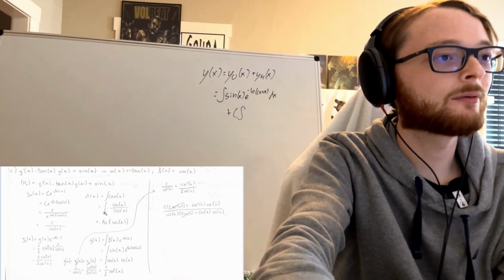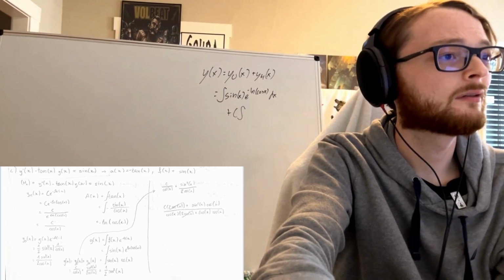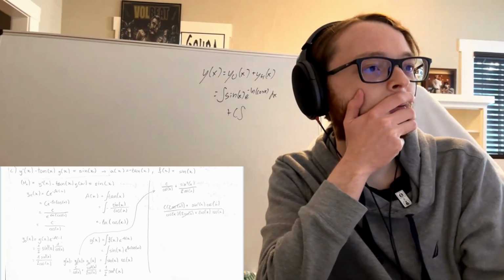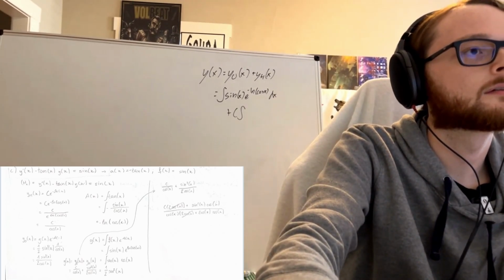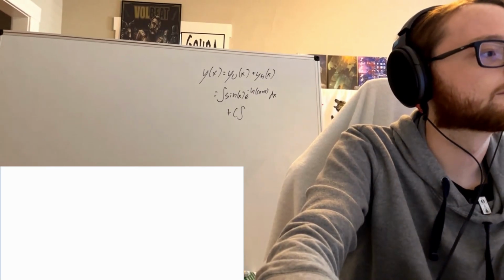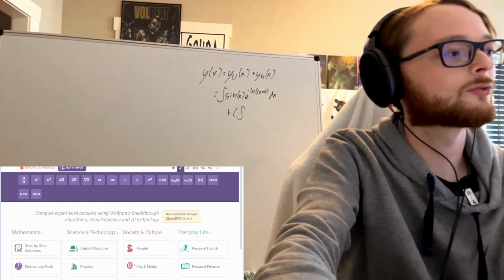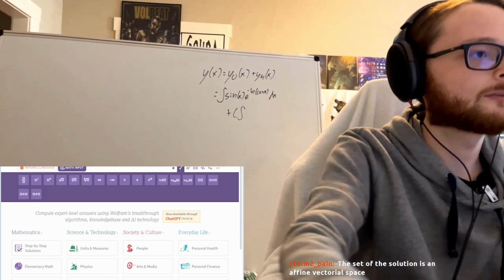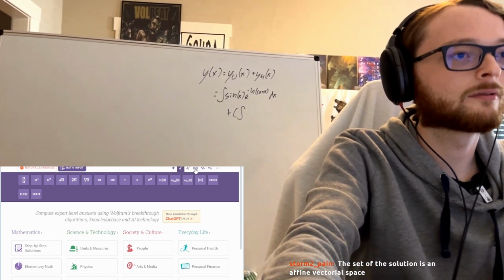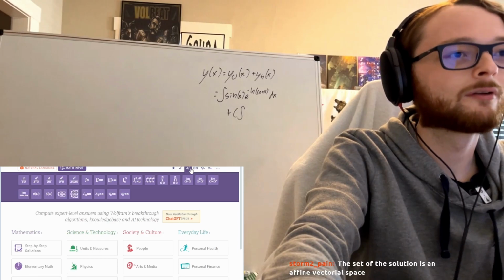This minus sign kind of confuses me. Let me just do another type of Wolfram. Set the solution as an affine vectorial space. Is that a fancy way of saying that it just has a constant with it?